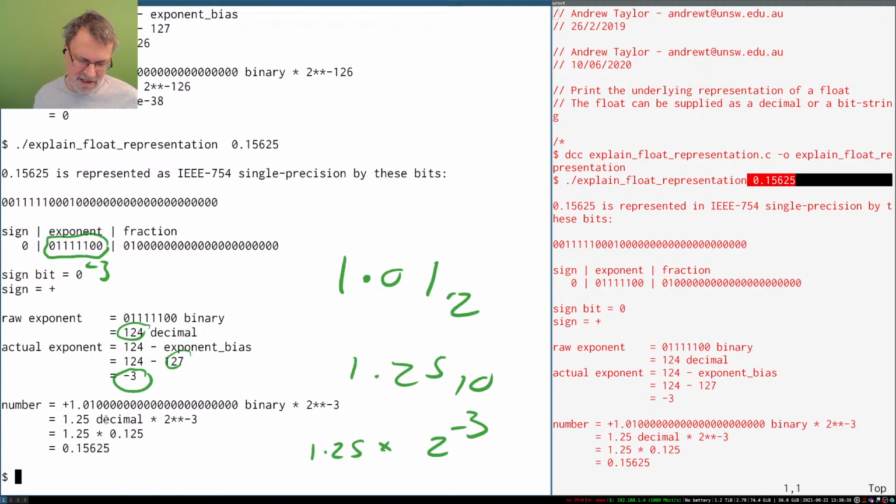And is that correct? Looks correct to me. So get values like this, figure out the bit patterns, figure out the fractions, go through the calculations, make sure you understand all of this. You're saying, can I have lab exercises where I practice all of this? Yes, next week.